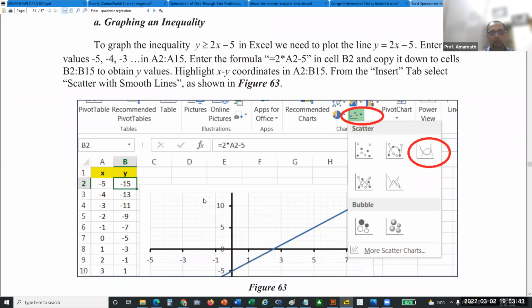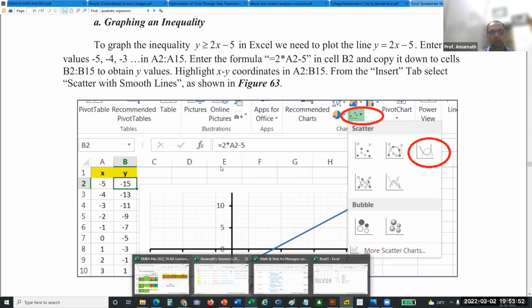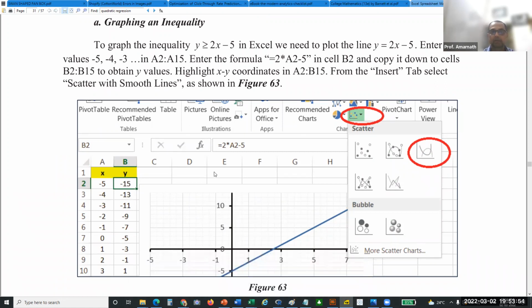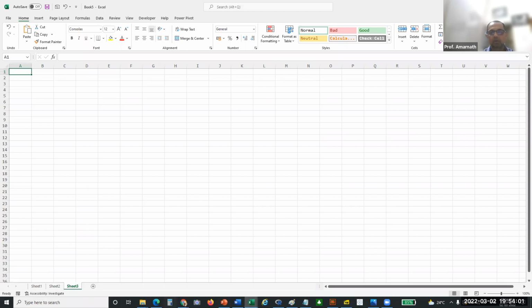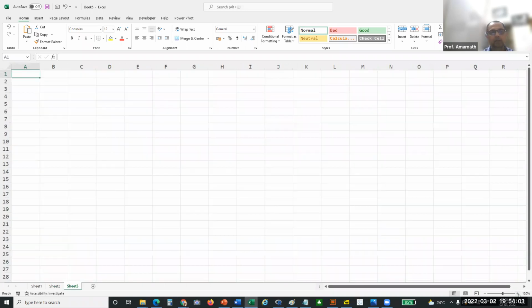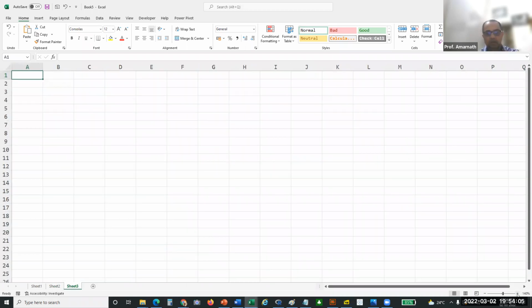So I need to put x and y again, up to 10, A2 to A15. Okay, let's see. Come to my Excel workbook. So this is my x, this is my y.